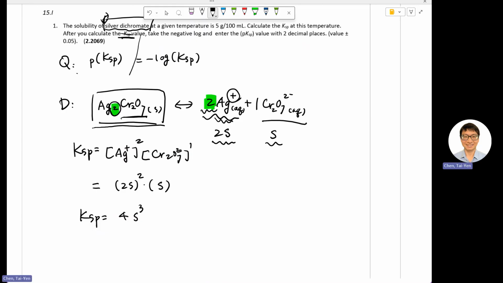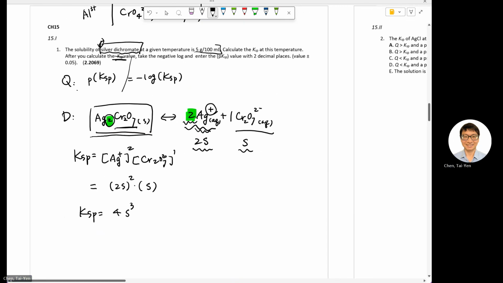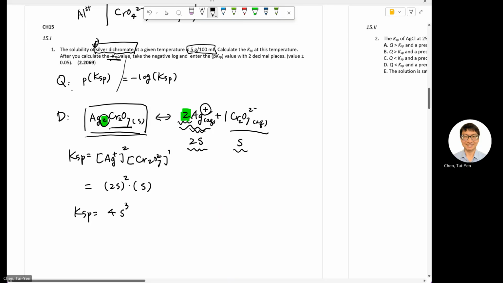So now, if you can figure out the molar solubility of your salt and plug it into this equation, you're going to get your KSP. Take the negative log of that and you get your answer. If you go back and check, you will see that the solubility is 5 grams per 100 milliliters.